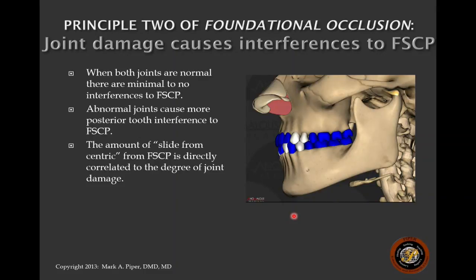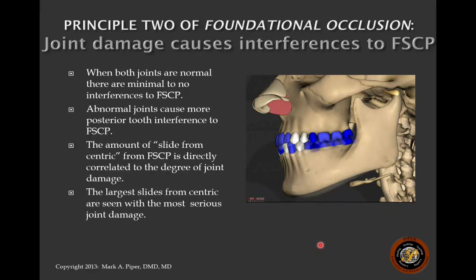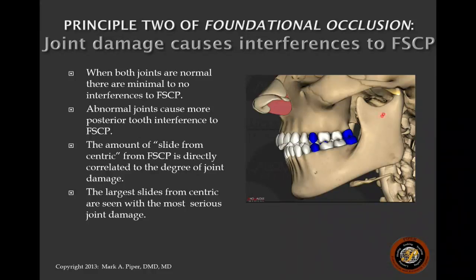The longer the slide from centric, the more likely it's a TMJ problem. And in fact, when you get to the biggest ones of all, let's go ahead and model another one where I'm taking away bone. Now I've created much more dimensional loss in the TMJ, creating much more class 2 bite shifting. This is the longest slide of all.